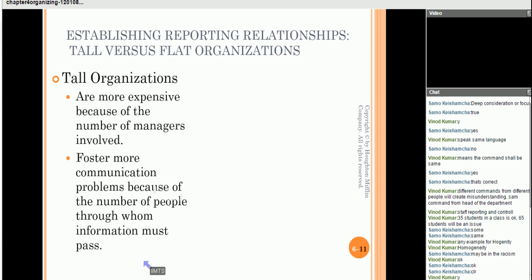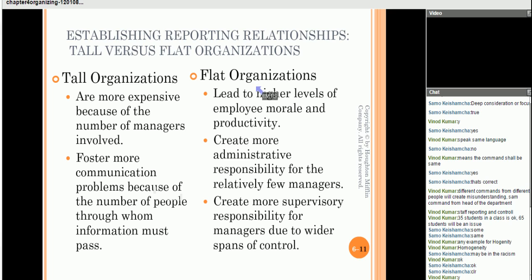So it's better to have fewer people. Then flat organizations lead to higher levels of employee morale and productivity, but create more administrative and supervisory responsibility for the relatively few managers due to wider spans of control. Yes, that's true.